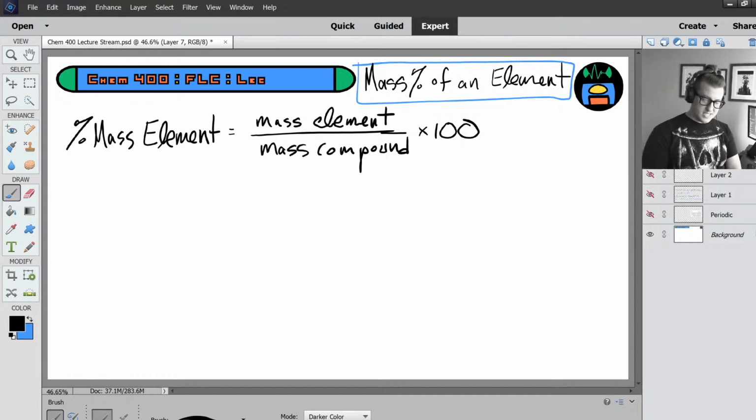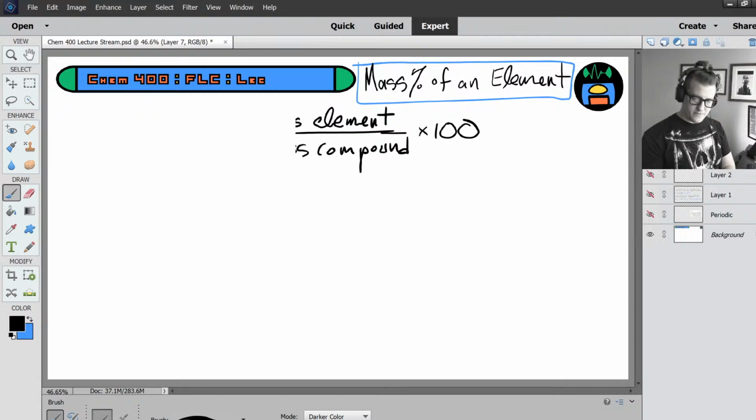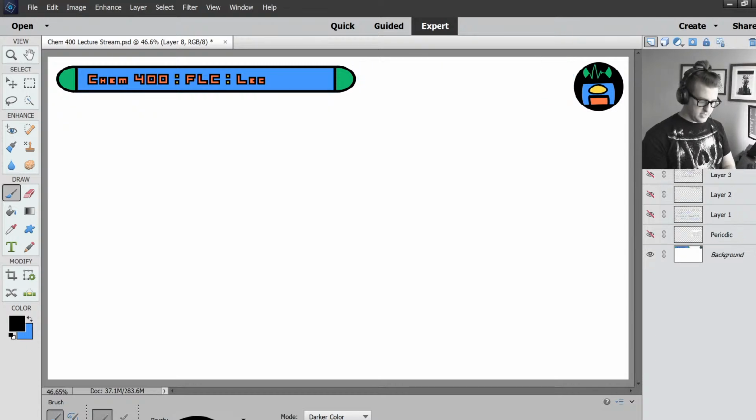This is the equation for the percent mass of an element, and let's go ahead and apply it to the following example.